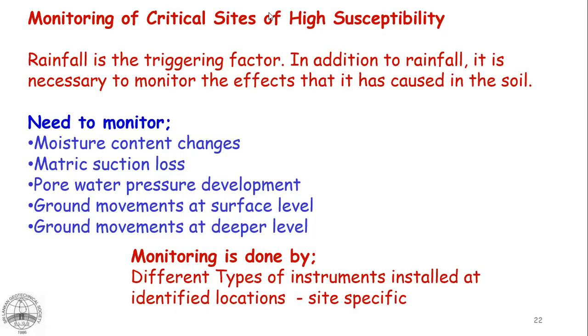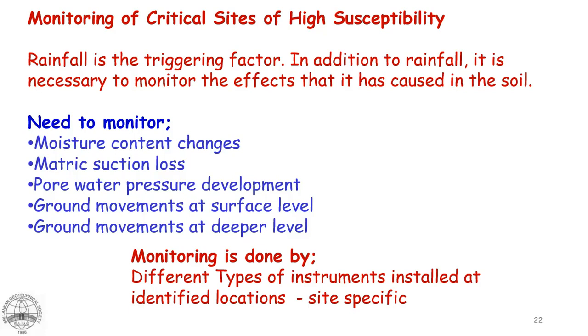Now, that's one task ahead of us and one task that we are working on tirelessly. Now, we said that landslides are triggered by excessive rainfall. Rainfall is the simplest thing to monitor, but to issue more reliable warnings, it is important to monitor other factors such as moisture content changes, matric suction losses, pore pressure developments, and the ground movements, both at the surface level and at the deeper levels, that are initiated by this rainfall event.